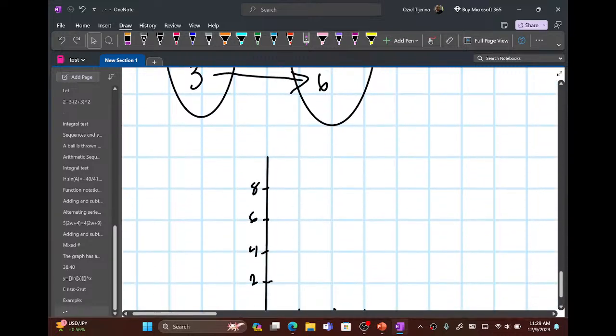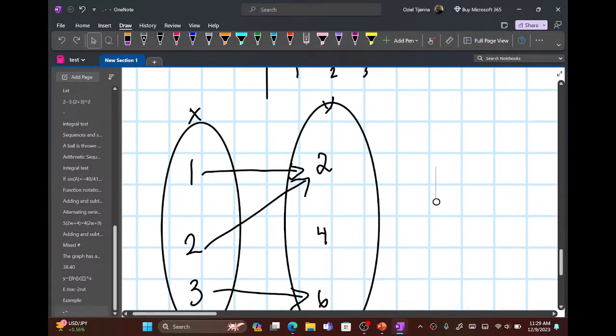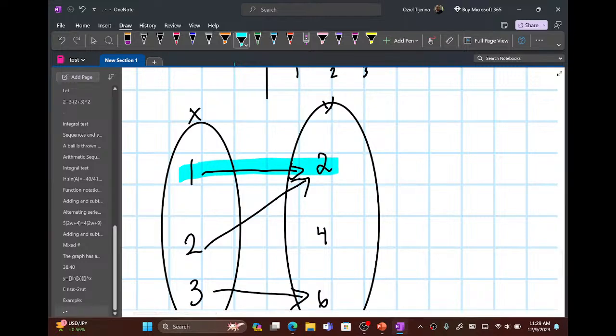We know that 1 is paired to 2, so this part here is 1, 2.